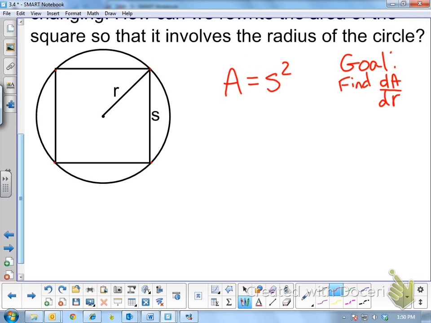So what is helpful is if we increase this to be the diameter. What would the entire length of that side be then? Of the diagonal, I guess I should say. 2r. And what do we know about squares? What do we know about the angles inside a square? They're all 90 degrees.